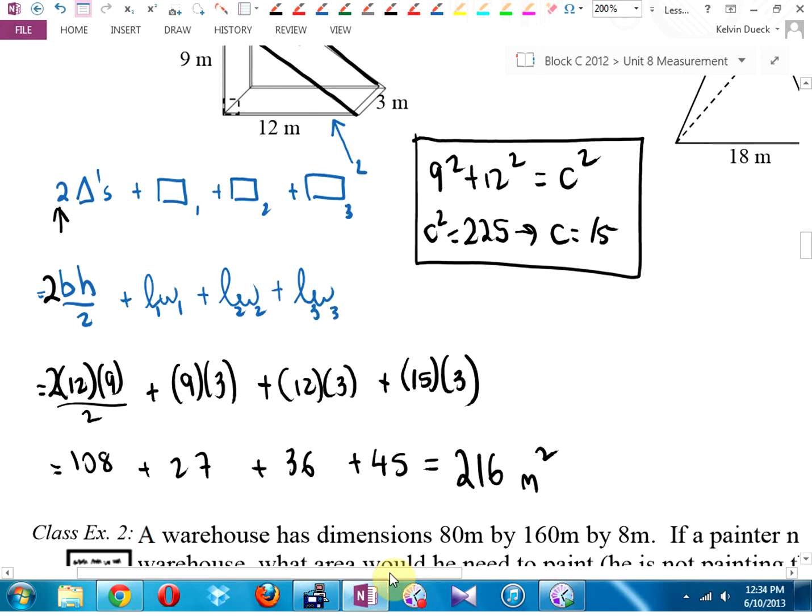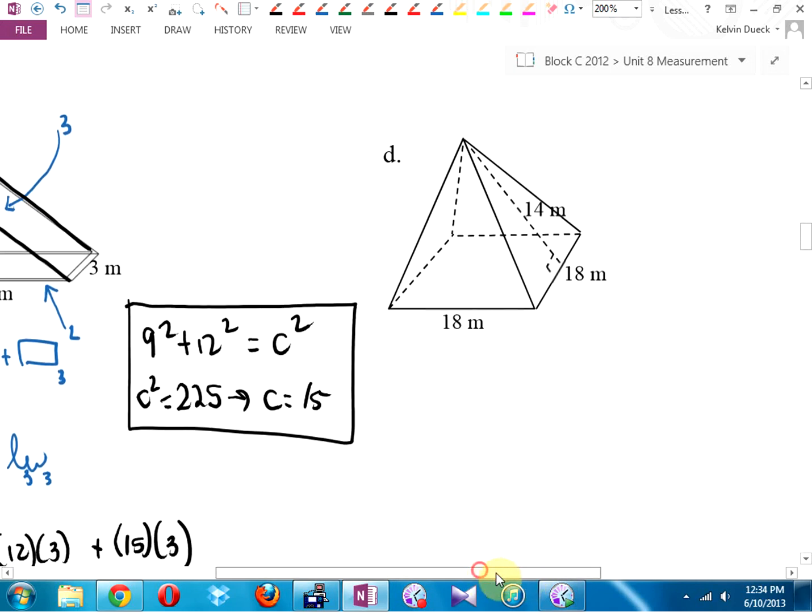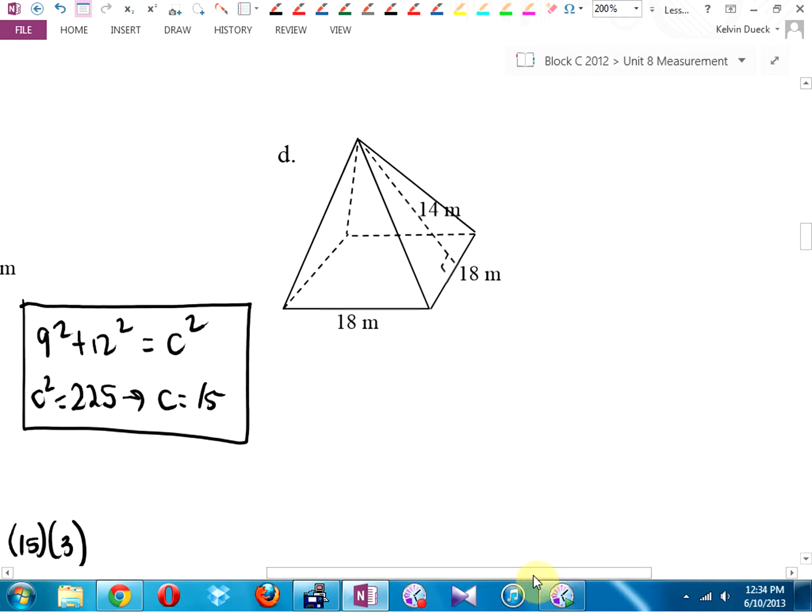What's the formula for surface area? Find the area of each side and look for shortcuts, Amy. I think that this is going to be, it's going to be what? Visualize the net, visualize this unfolded.